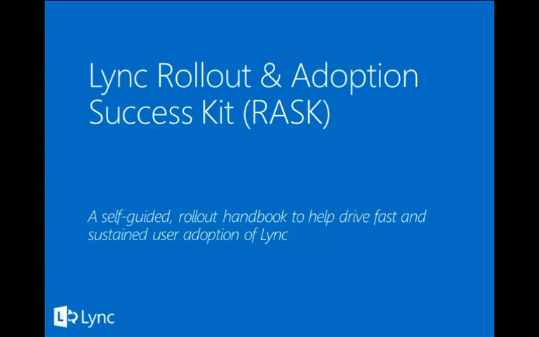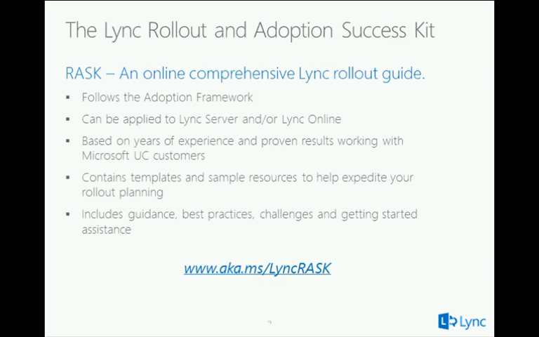So let's talk about some resources that are available for you. The main resource is right here. It's called the Rollout and Adoption Success Kit. So that's RASK for short. And if you go to this URL, you'll find our kit. It's a comprehensive rollout guide.